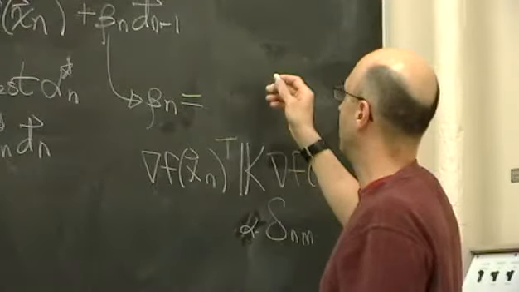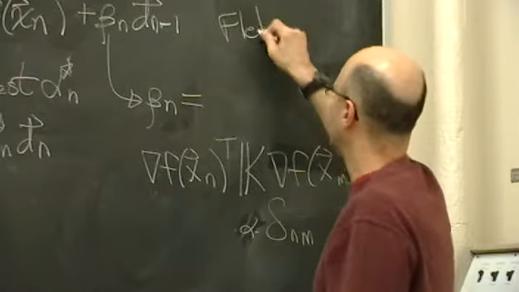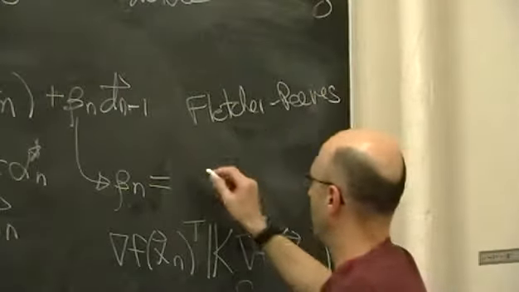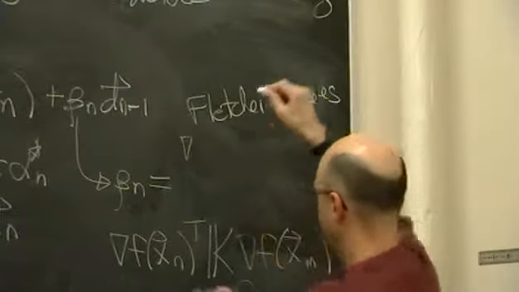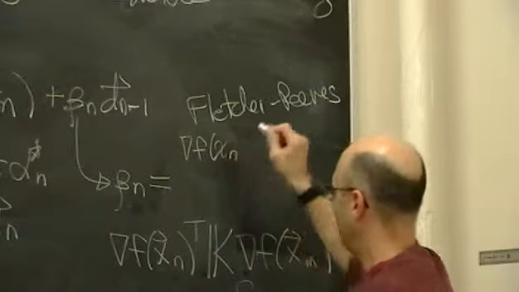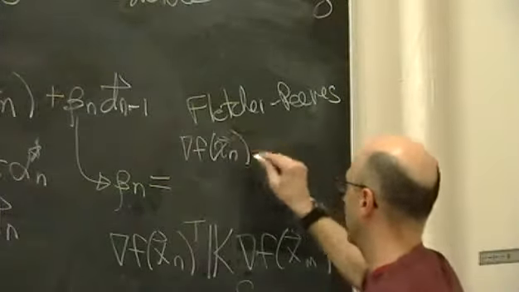But the simplest, I think this is the Fletcher-Reeves form, looks like this, by the way. You can kind of guess that somehow this guarantee is built on this structure.